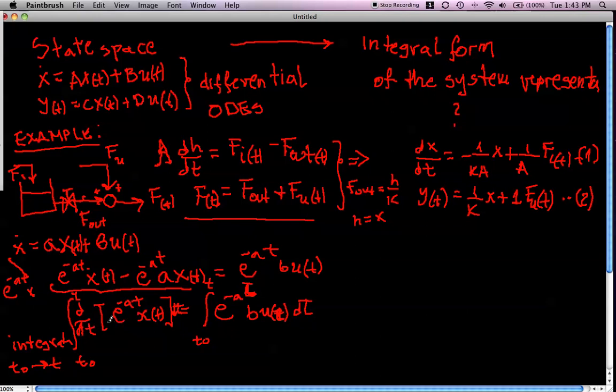Integrating the left side of this expression yields that this dt and this dt will just get cancelled.